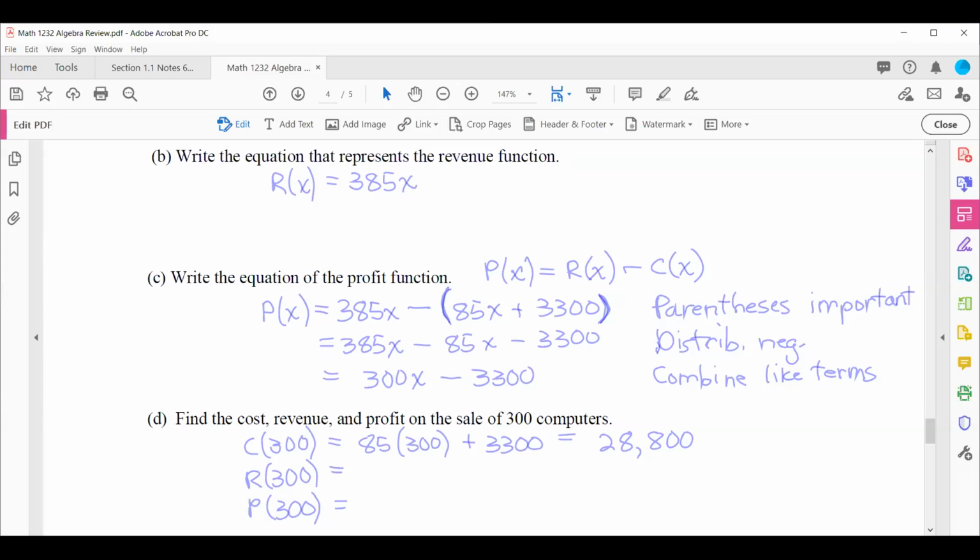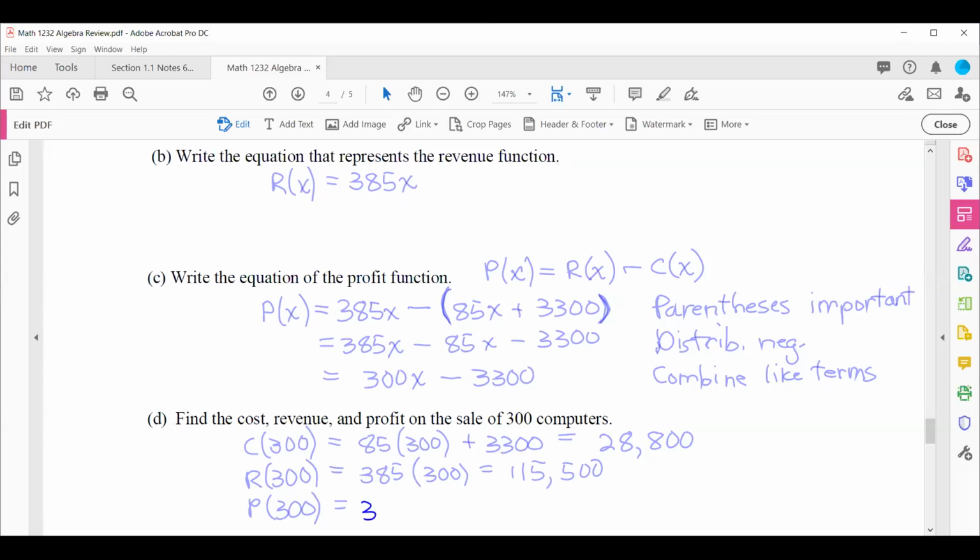For the revenue, 385 times 300 is 115. So they're gonna make some money here. 115,500.